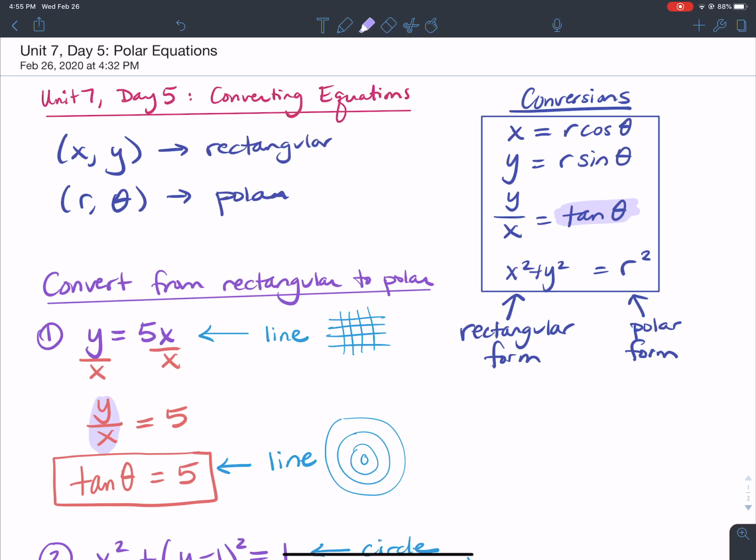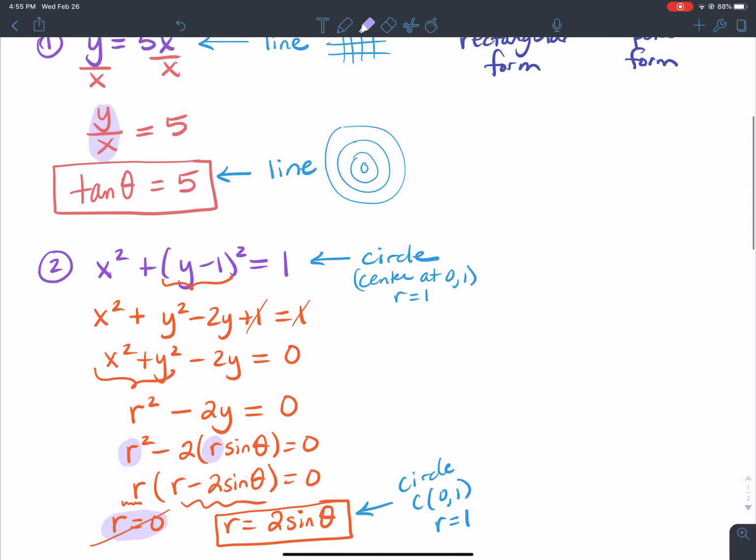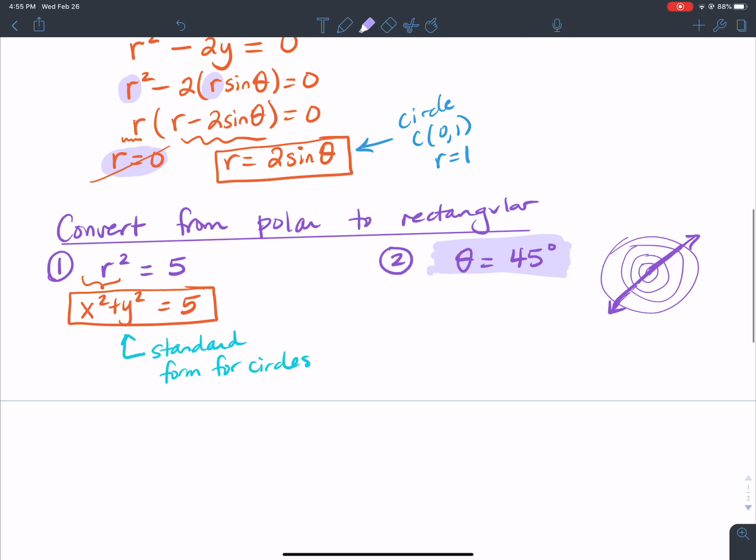What makes it different, friends, is that the third one does not have this r in it. So we are going to use the third one so that we don't introduce an r into the problem. So what's going to happen when you solve this? It's kind of weird, but what we're going to do is take the tangent of both sides.